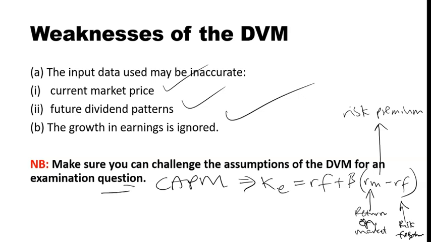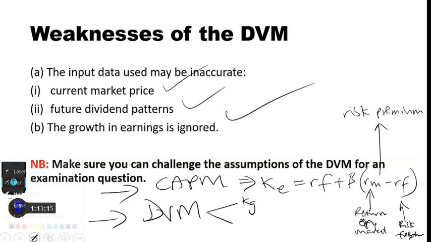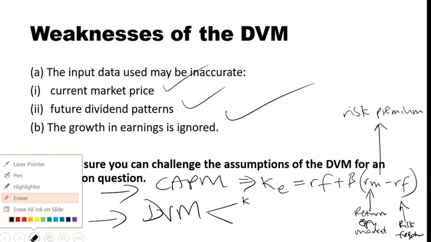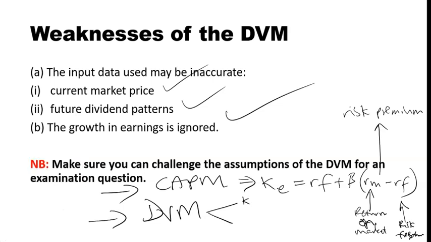Or you can also estimate Ke using the dividend valuation model, where we say that if the dividend is a constant one, then Ke would be D over P0.